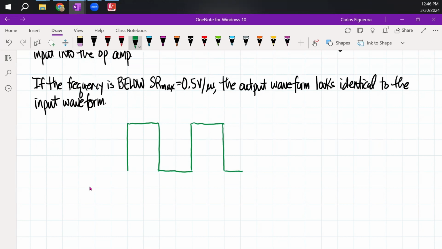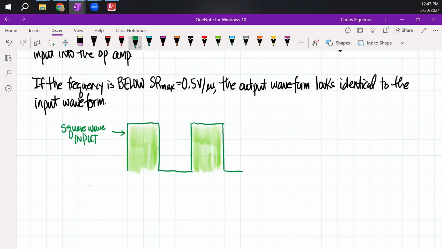This is our input. The square wave turns on and turns off. So this here is our square wave input.